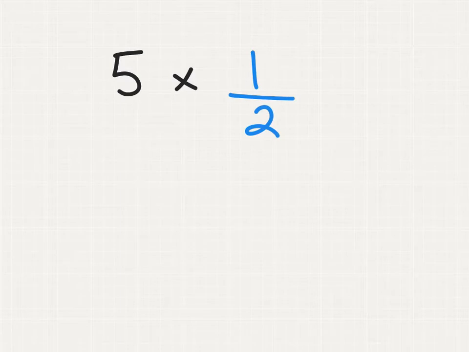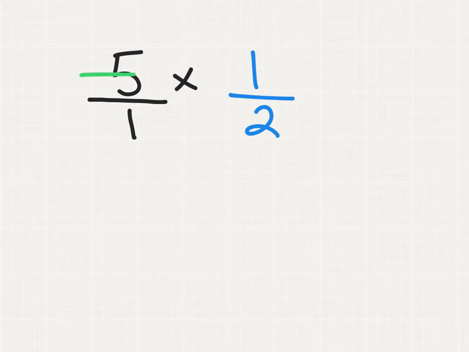And right now, the number 5 is a whole number. It is not a fraction. So to make it into a fraction, you can simply put it over 1. Anything divided by 1 is itself. So any and every whole number can be made into a fraction by simply putting it over 1.